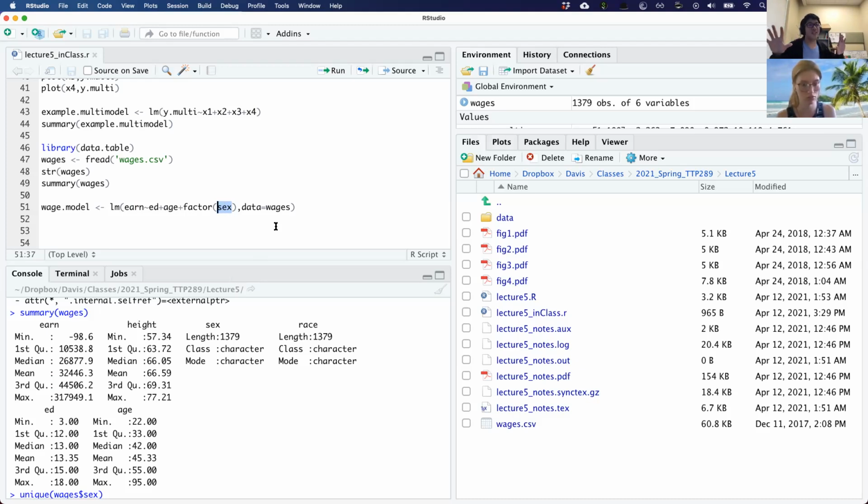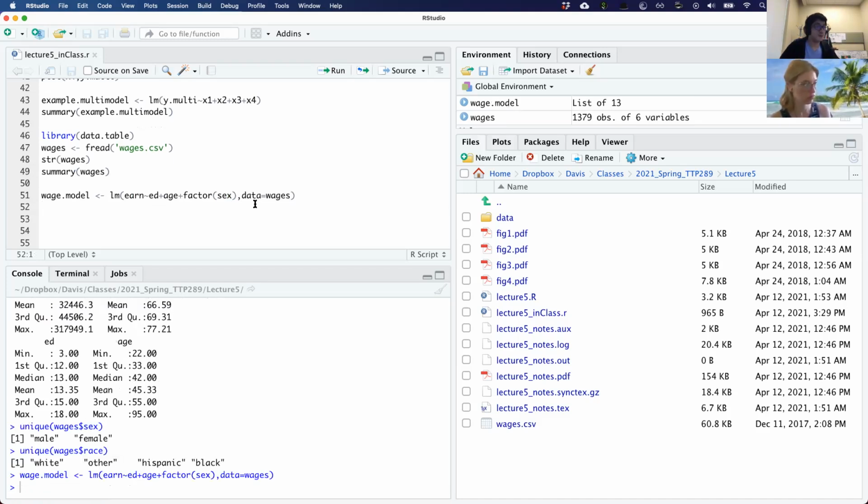It's essentially separating it out into behind-the-scenes values. So I will go ahead and run this, and let's take a look at the results.